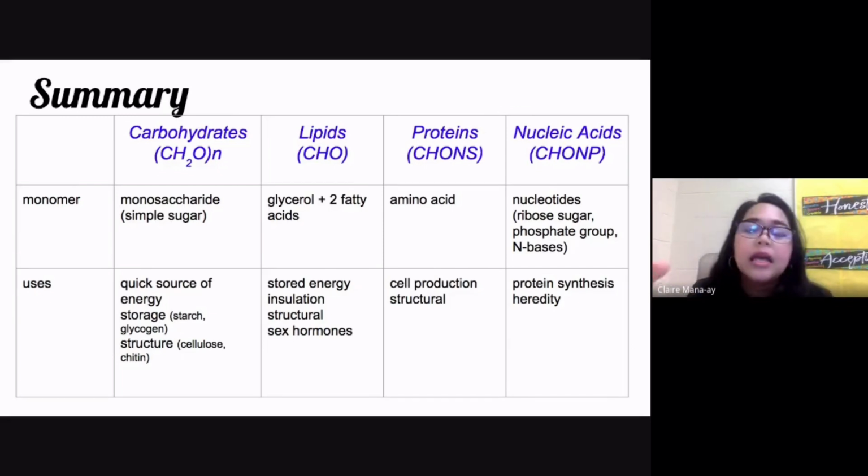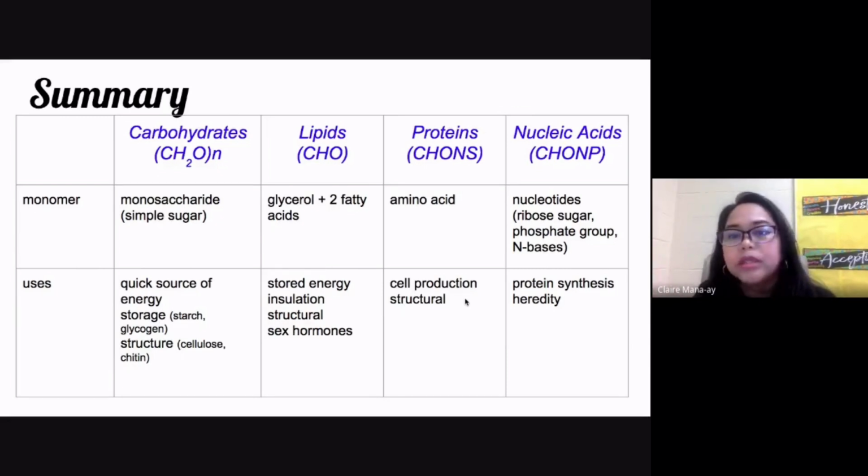Non-essential can be produced by our body. Essential cannot be produced by our body. Now, the uses of your proteins, of course, would be for cell production, for your muscles, and also for your structural components in your body. Now, as I've mentioned, your proteins cannot be stored by our body, and so a continuous supply of protein is very important.